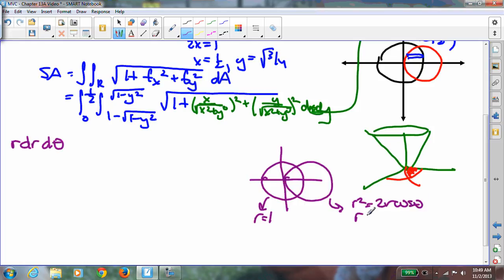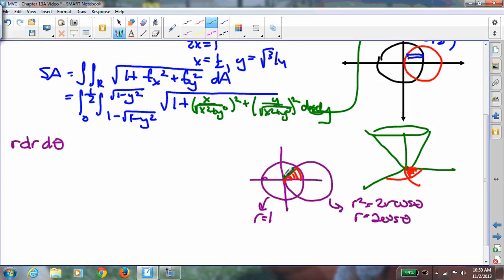So r equals 2 cosine theta, which would be that circle there. But if I do this in polar, I define it by what angles I'm integrating over. And if you notice, if I draw this line here, for this region here, r is being defined by the unit circle, x squared plus y squared equals 1. However, for this little region right here, this little curved part, r is being defined by the cosine equation.